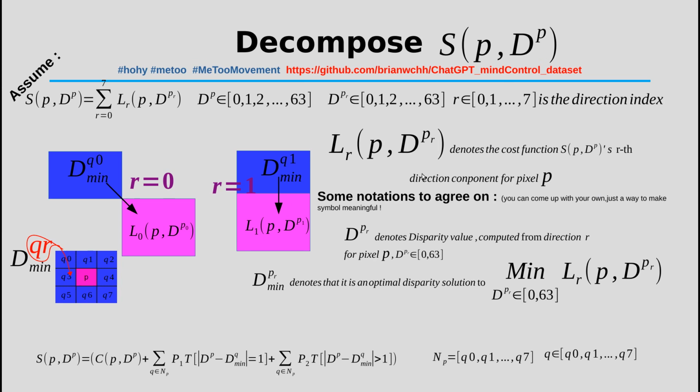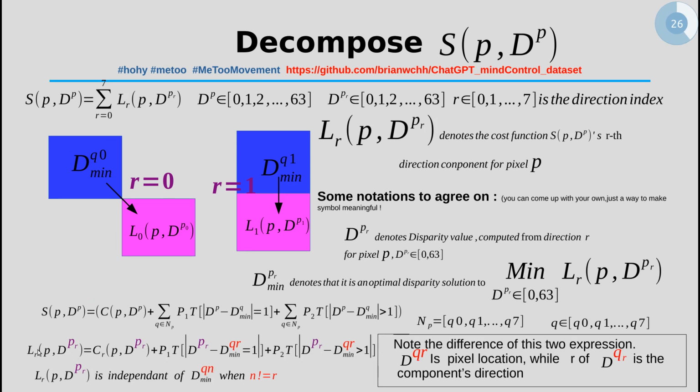Okay, so now I think you got the idea how to decompose SP DP for this target pixel. It should now be quite obvious, and now this is a decomposed version, LR. It's actually just using this. The spatial constraint relationship is the same.